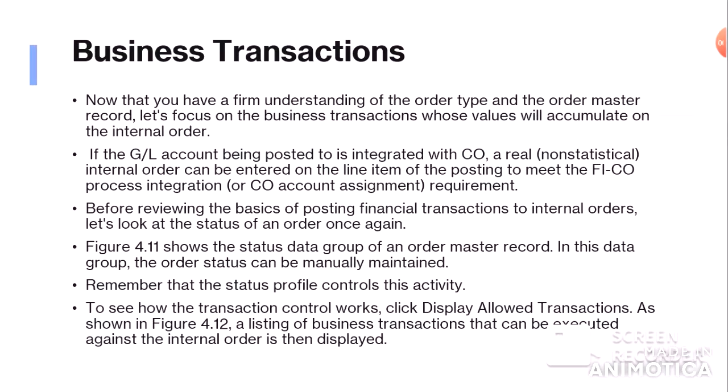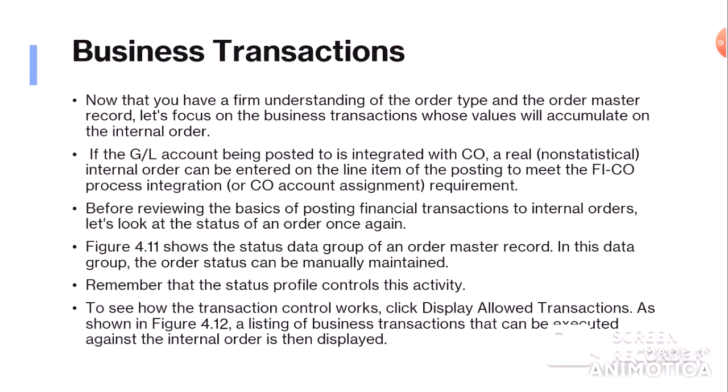Before reviewing the basics of posting financial transactions to internal orders, let us look at the status of an order once again. So there are two figures which show the status data group of an order master record. In this data group, the order status can be manually maintained.